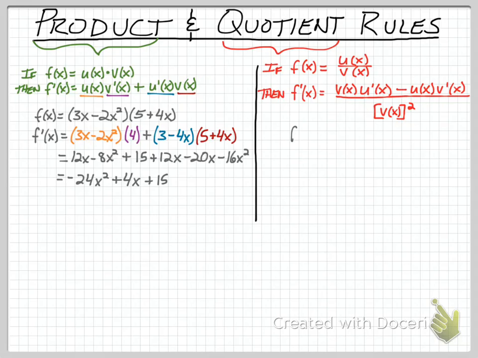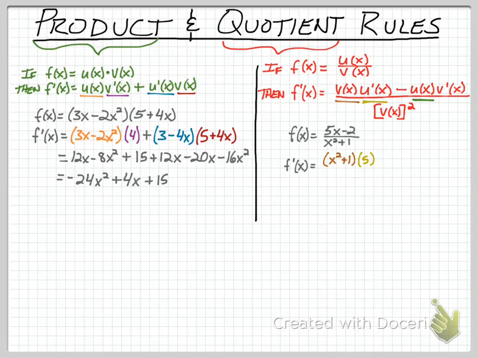Let's look at an example. f of x equals 5x minus 2 over x squared plus 1. We're going to find the derivative of this. We will start by looking at v of x, so that's bringing in the denominator. We've got x squared plus 1. Then we're going to look at the derivative of u of x, which is going to be 5.